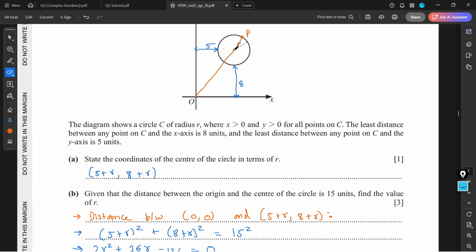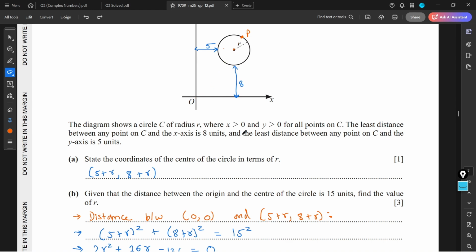It will be passing through the center. Based on this, because I want to find the gradient at the point P that is going to be over here, I can simply find the gradient of this line, and then I can just take the negative reciprocal, because both the lines are perpendicular to each other, in order to find the gradient of the required line.